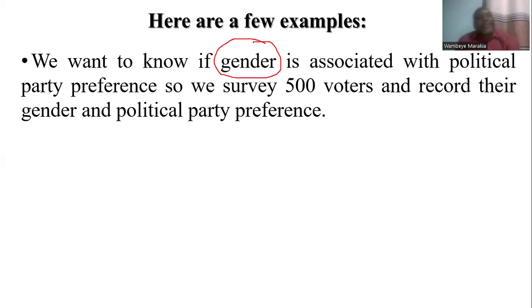When you look at the variable gender, you can get two categories from it: female and male. And when you look at political party as a variable, you can have several political parties.